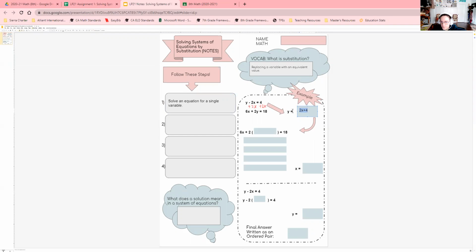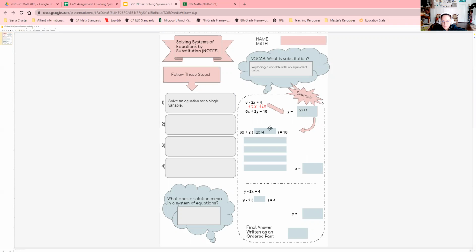They are equal. So in our 6x plus 2y equals 18, I'm going to replace the y with this 2x plus 4. Now we're going to solve this so we can find out what value x is going to have.